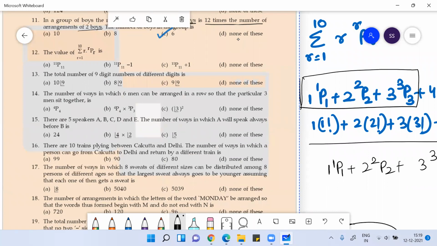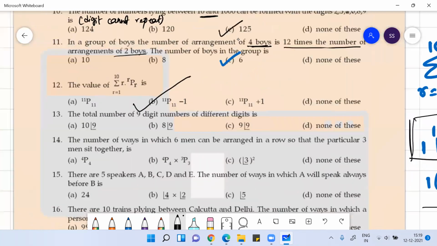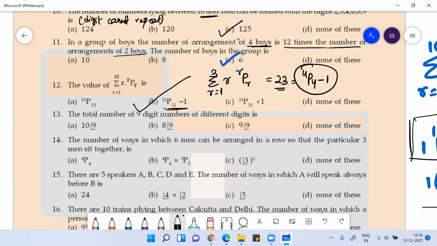So if it is given till 10, my answer will be 11P11 minus 1. You're getting this? I took till 3, sum of rPr for r equal to 1 to 3, and got the answer 23, which is 4P4 minus 1. So if it is given till 10, the answer will be 11P11 minus 1.